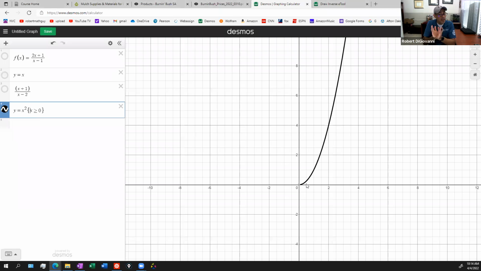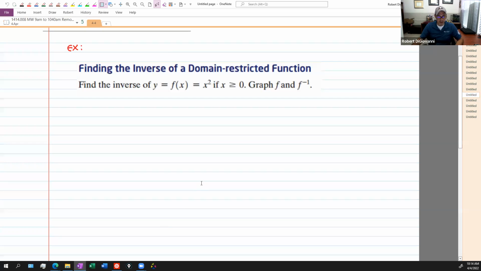Now that is a function that passes the vertical line test and is 1-to-1, passing the horizontal line test, so we should be able to find the inverse of it. There is an inverse, right? There's some function that should be a reflection over this diagonal line. So let's go find it.